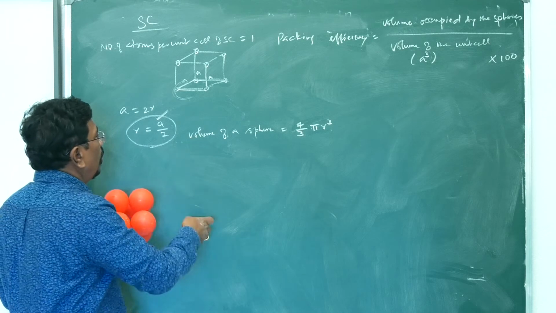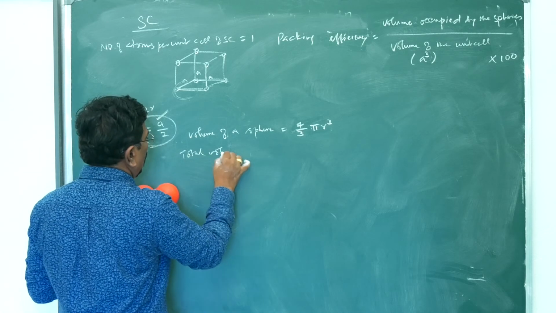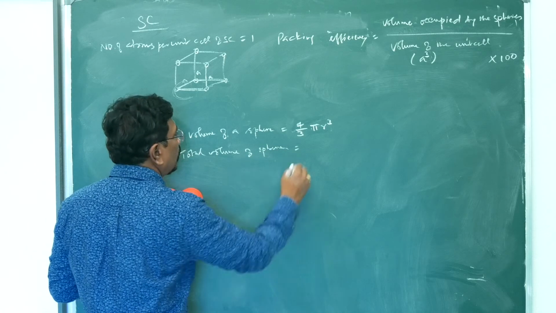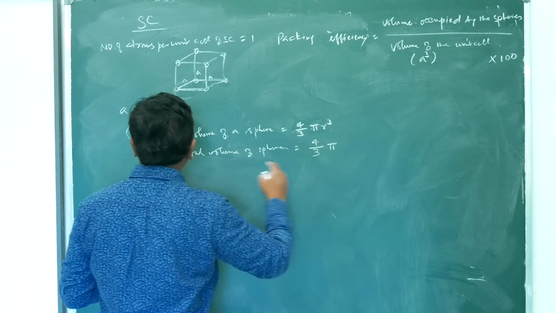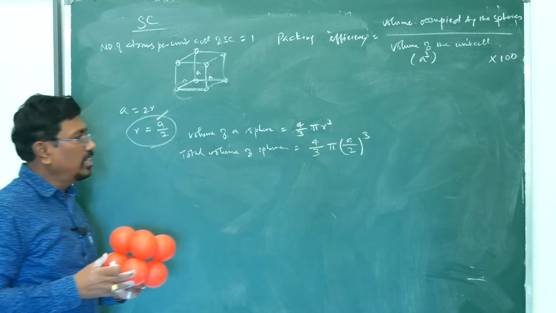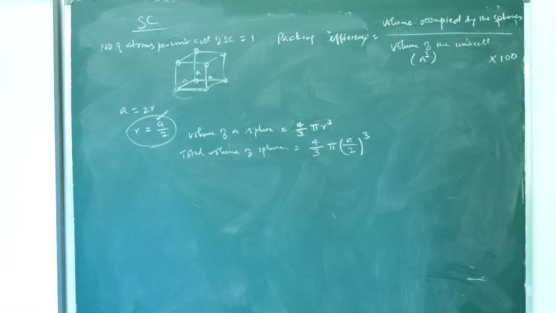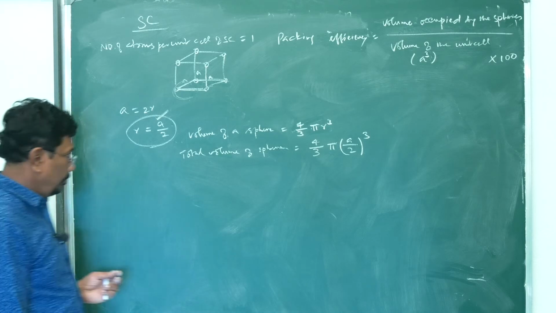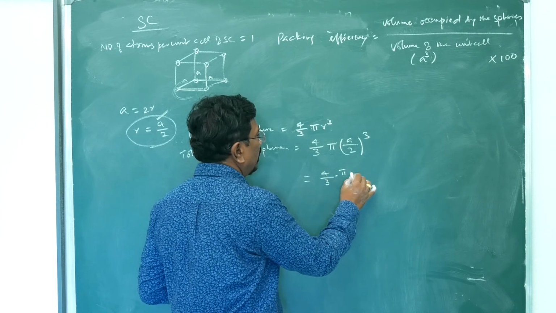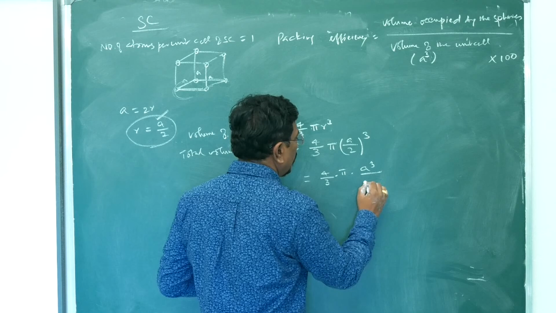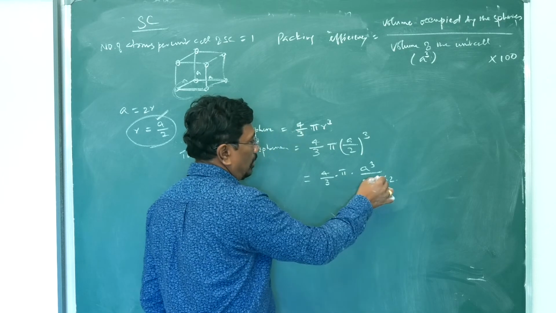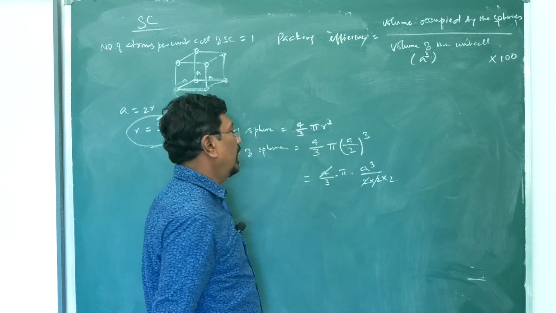Therefore total volume of all the spheres in the unit cell is equal to 4 by 3 pi, instead of r, a by 2 whole cube, which is equal to 4 by 3 into pi into a cube divided by 2 into 2 into 2. 2 into 2 and 4 get cancelled.